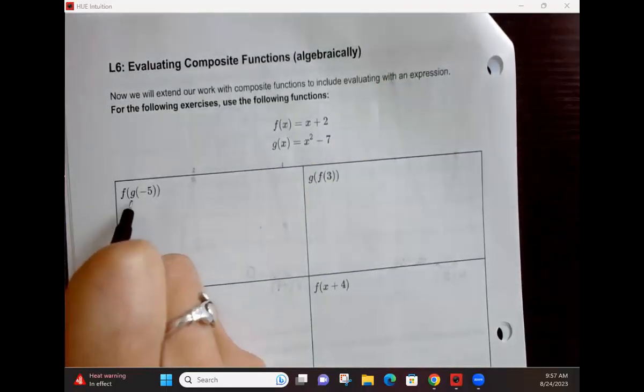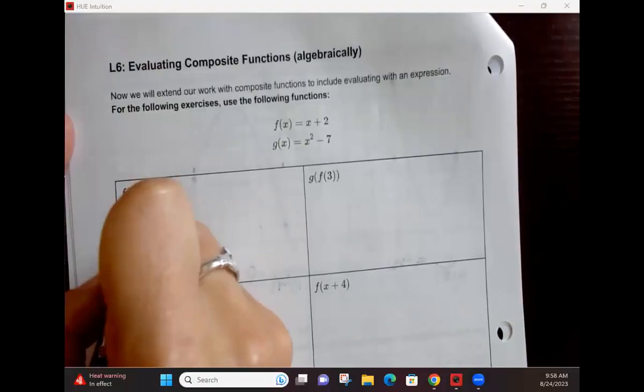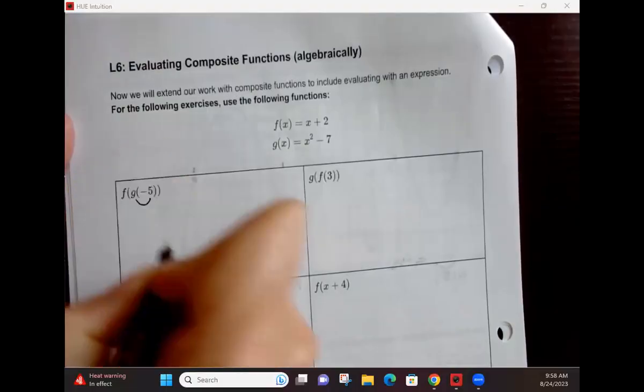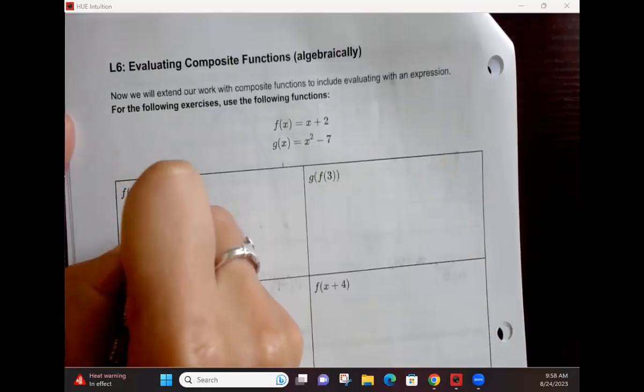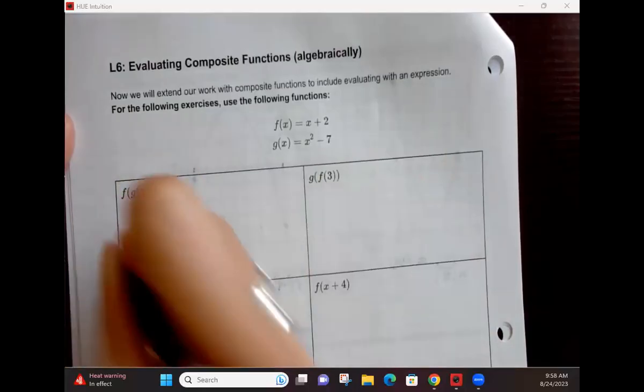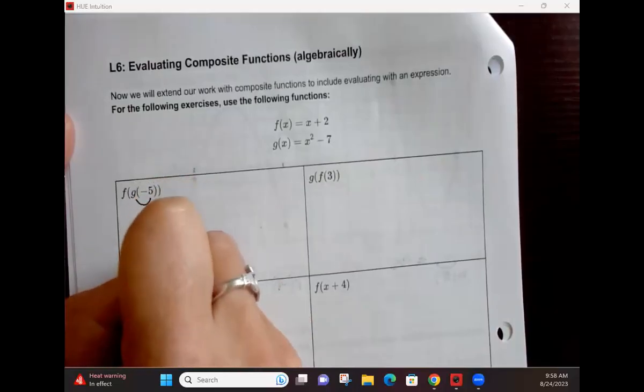If I want f of g of -5, remember we work from the inside out. So I have to start with what is g of -5. So g of -5 would be -5 squared minus 7, 25 minus 7 then, and we would get 18.